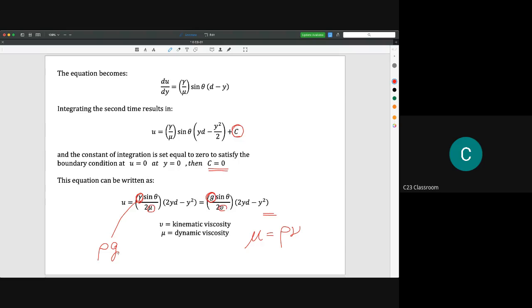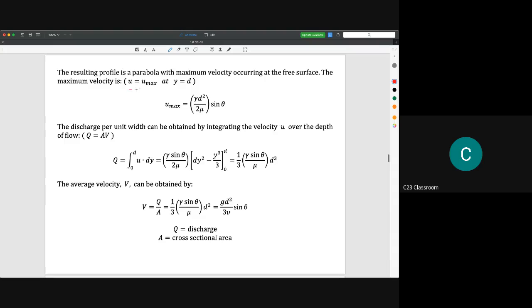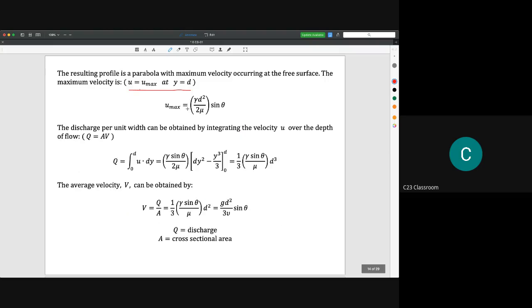Okay, and then we could calculate the u maximum. So we just substitute in the equation for this condition. For example, to get the maximum, we assume that u is maximum when y is equal to d. So we substitute y equal to d here, and we get u maximum is equal to gamma d square over 2 mu times sine theta.